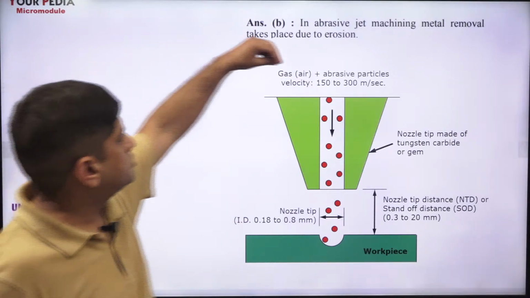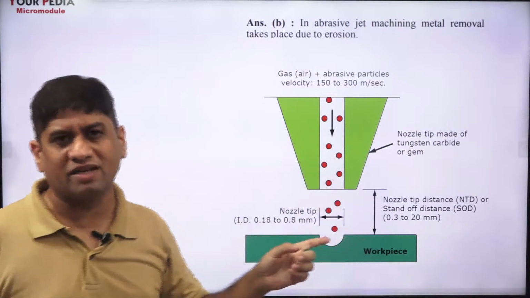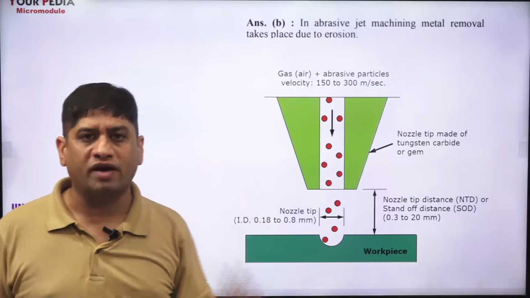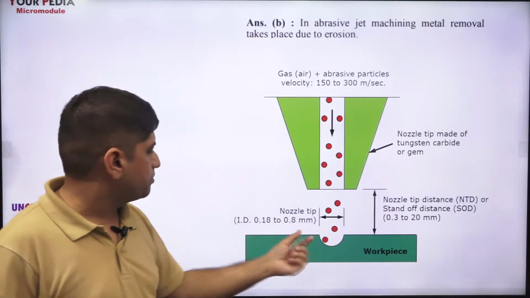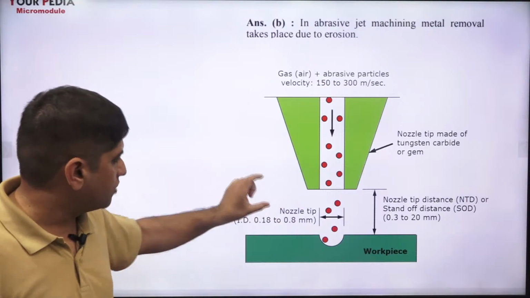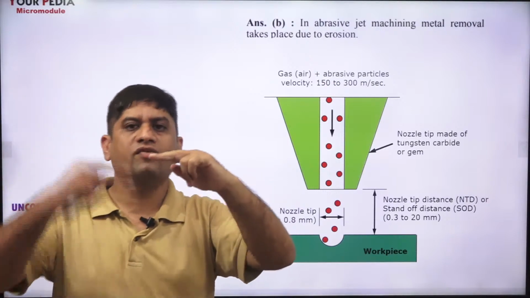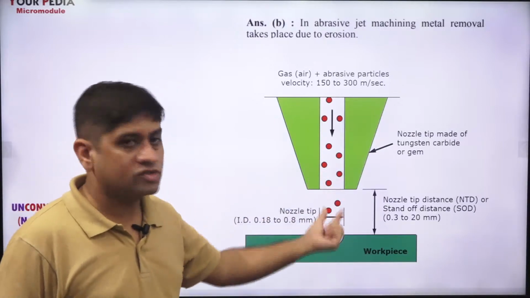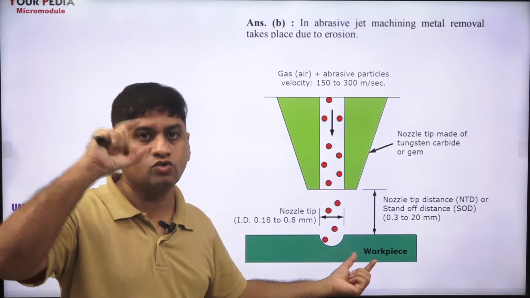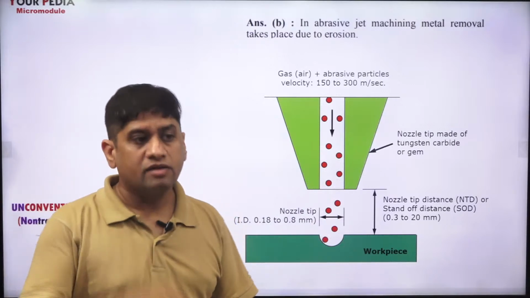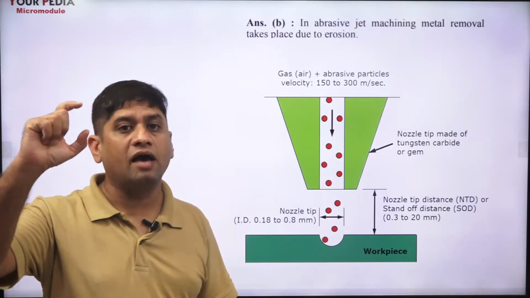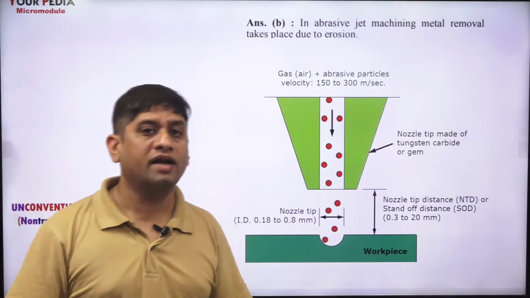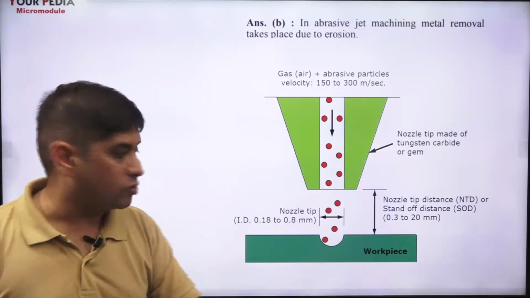At very high speed the abrasive particles are thrown, and which abrasive particle is used, that question is also asked. The nozzle tip and workpiece gap is an important parameter, because the abrasive is going to accelerate within that gap, and it decides the material removal rate also. So material removal rate depends upon the tip workpiece gap also.